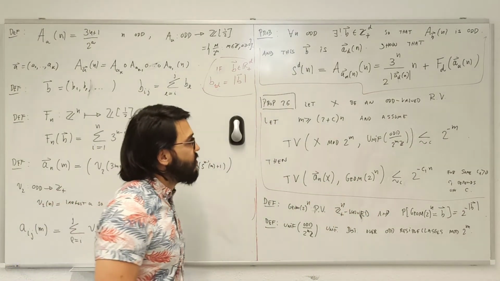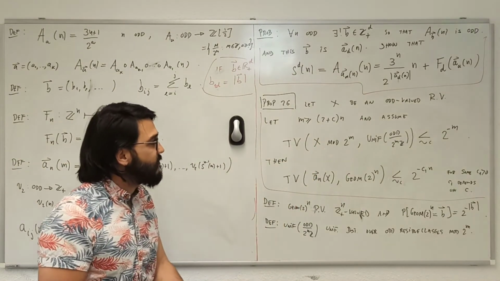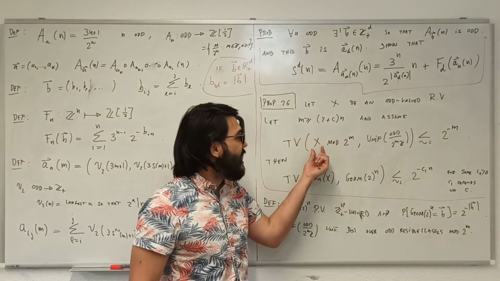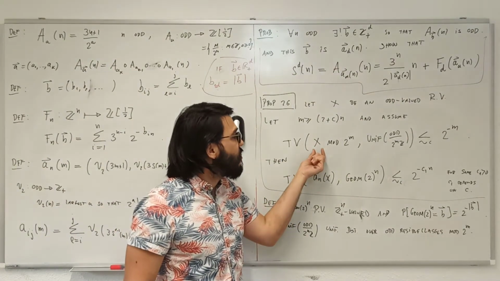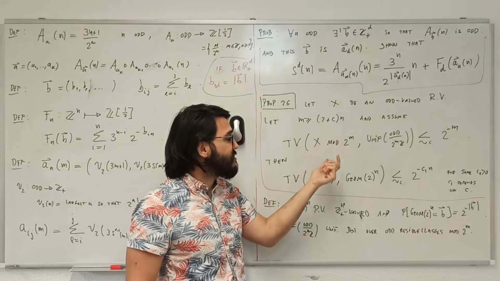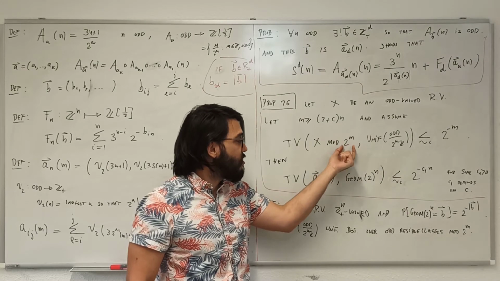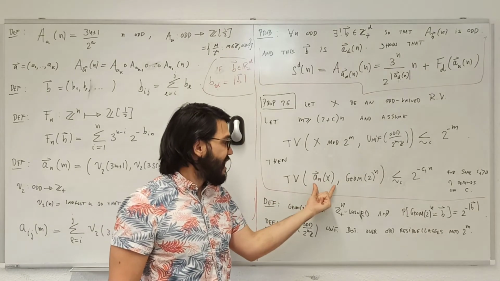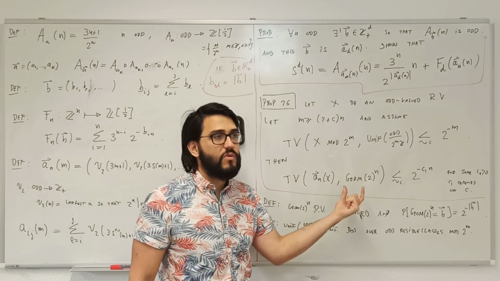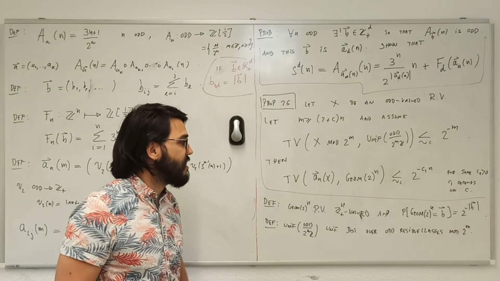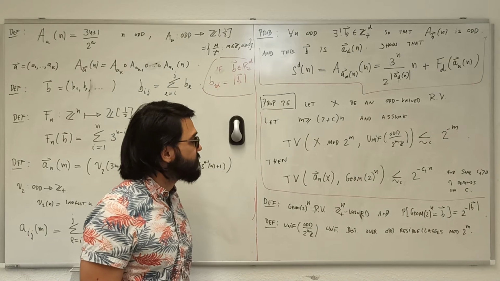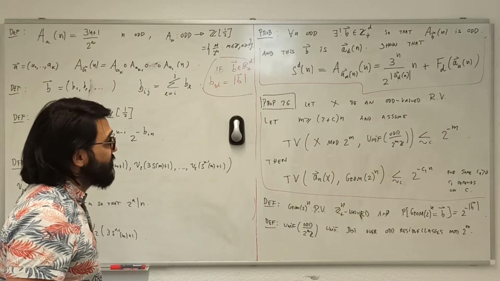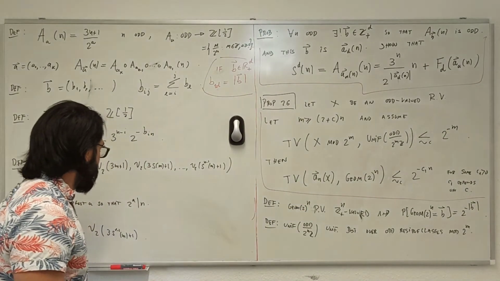Okay, so if you're randomly taking integers that are uniformly distributed modulo a certain large number, 2 to the m, then this guy is close to being geometrically distributed. So this is a heuristic for the way we define these guys here.